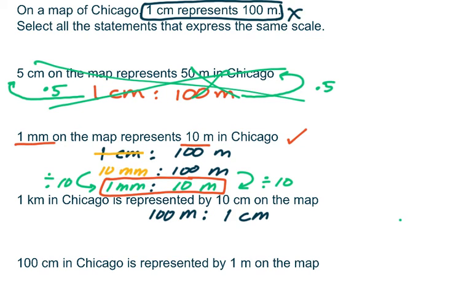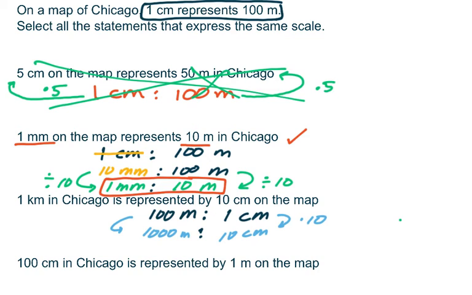I just turned around the order. And then I said, if I multiplied by 10 on each side, this is what I would get. I'm going to multiply by 10, that will give me 10 centimeters over here. And on the other side, when I multiply by 10, I get 1,000 meters.